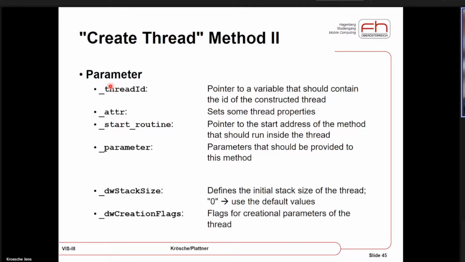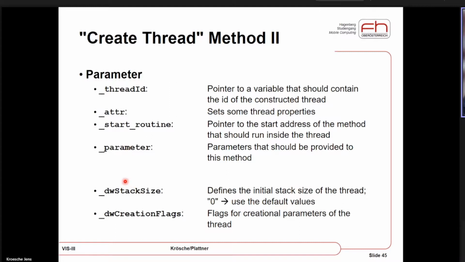These three are the main things we need to take care of. The ID is important to get a handle to the thread, to still have it under our control. The start routine points at the function that needs to be executed, and then the parameters that we want to put into the start routine.